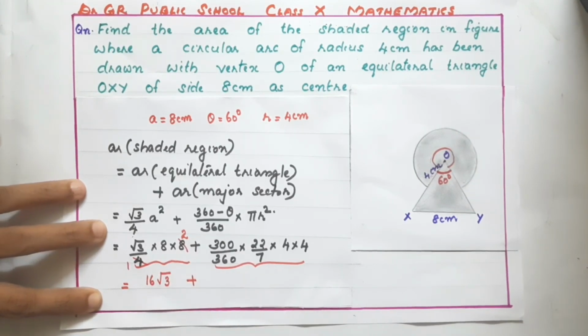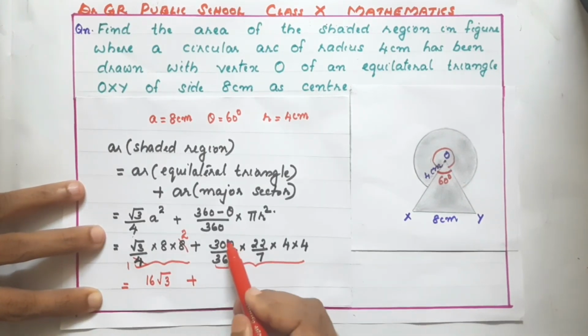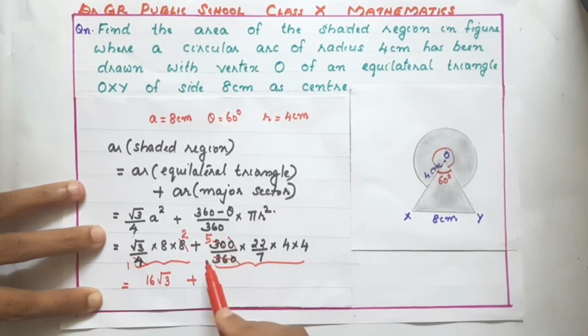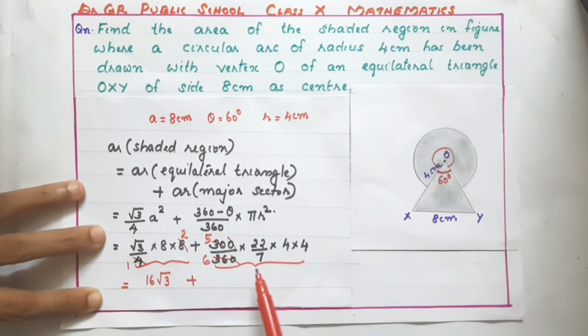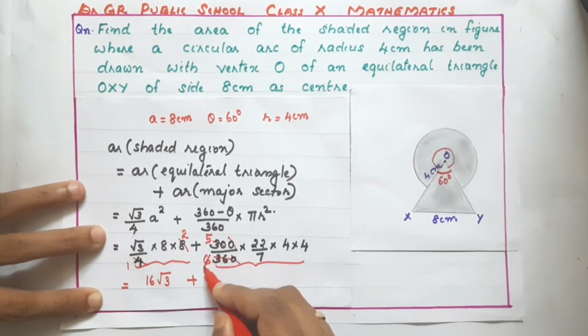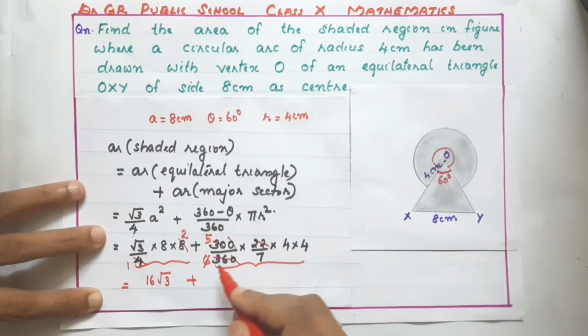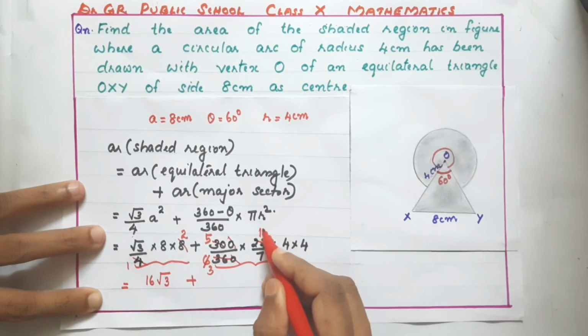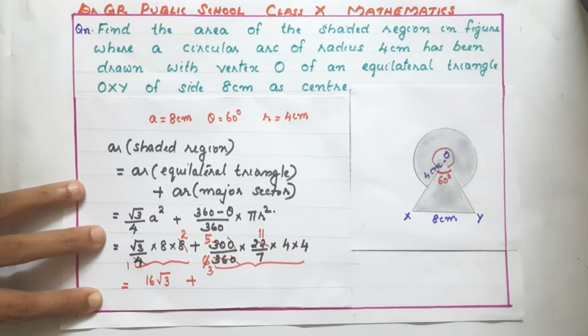plus, now here what is remaining? 0, 0 cancel. Here both are divisible by 6. So here 5, here 6. Then any more cancellation? Yes. Here 6 and 22 both are divisible by 2. So here 3, here 11. Okay.